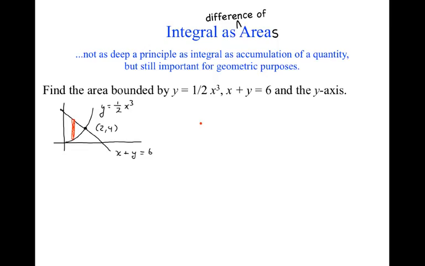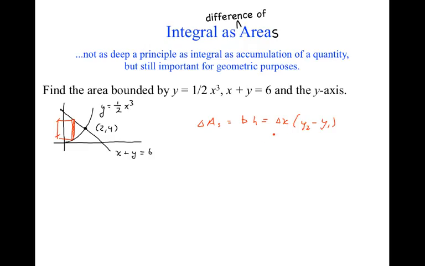For this one, the area of the strip was base times height, and we said the base was delta x. How do we characterize the height? It's a change in y, from the curve up to the line. So we can write that as y2 minus y1 first.